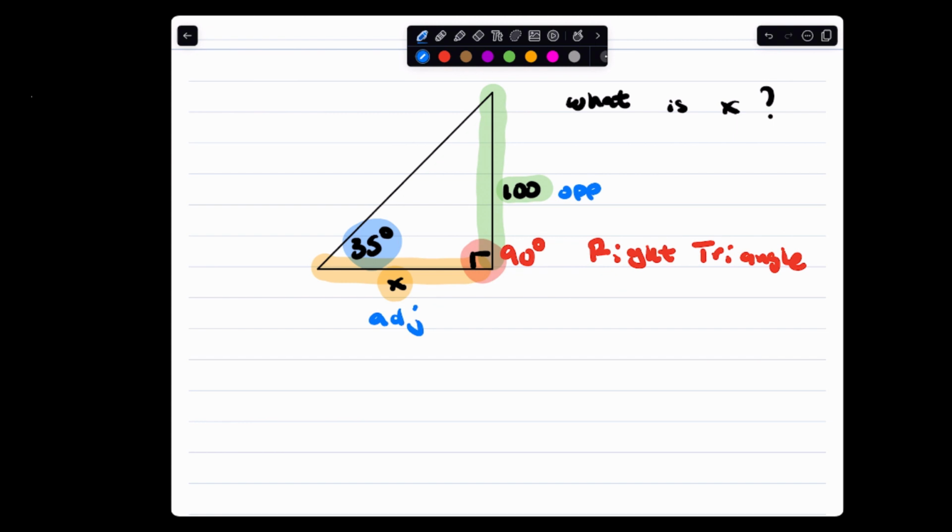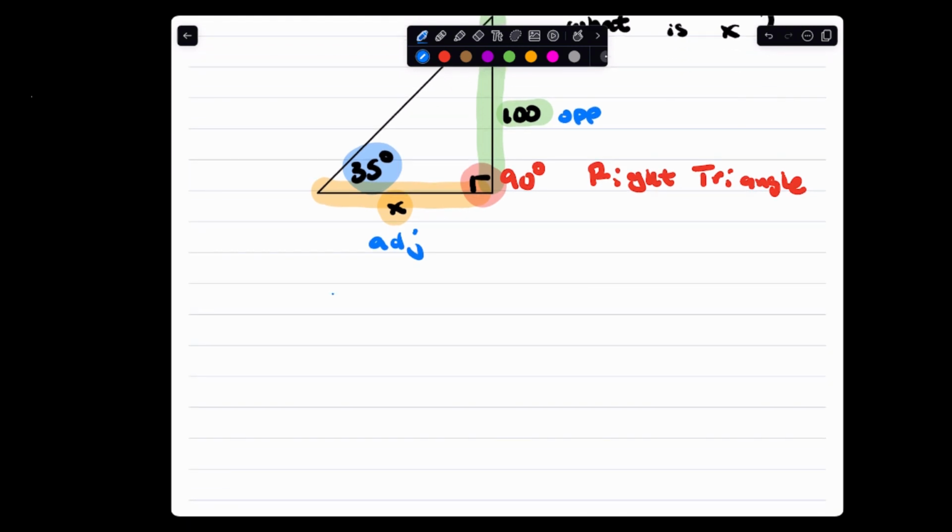Now, what you got to do is remember which trig ratios have the words opposite and adjacent. Tangent and cotangent. Good. My recommendation personally, I'm going to say this is going to be tangent of 35 degrees.